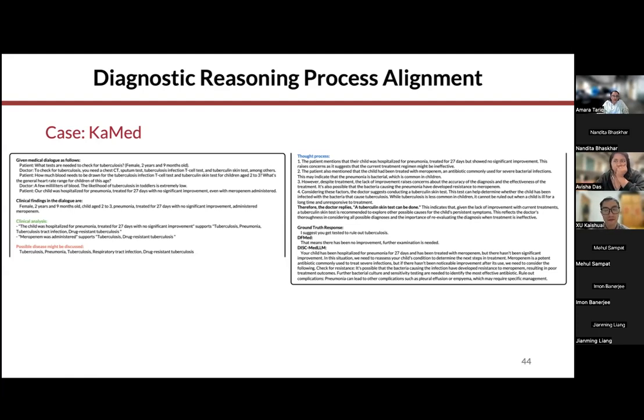And do you have any constraint on how many steps or sentences in the thought process the model can generate, or is it more open-ended? Oh, I set the maximum steps to maybe 6.